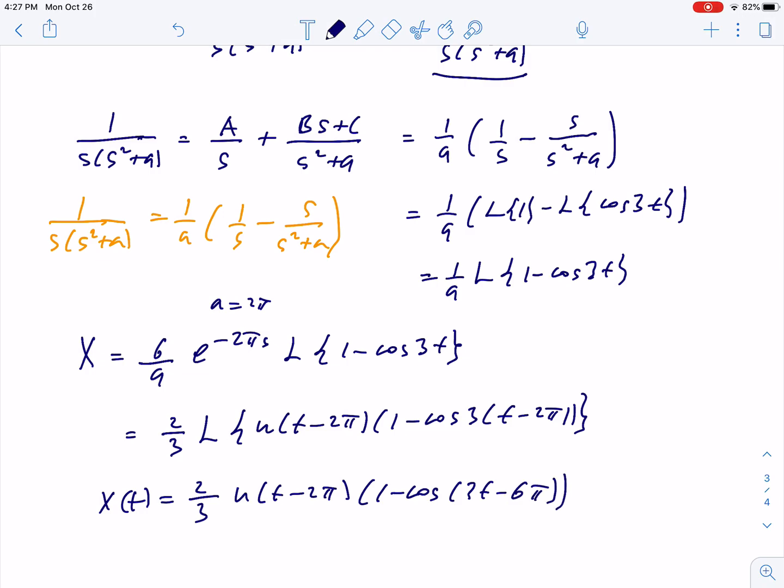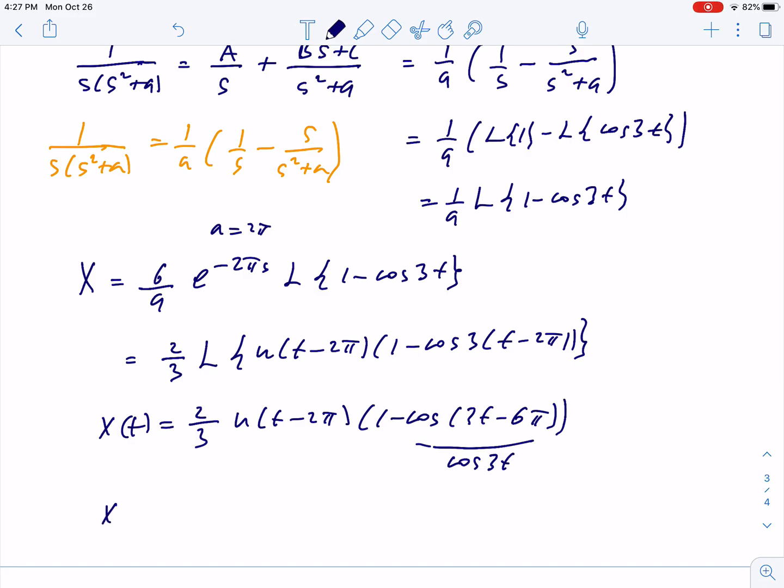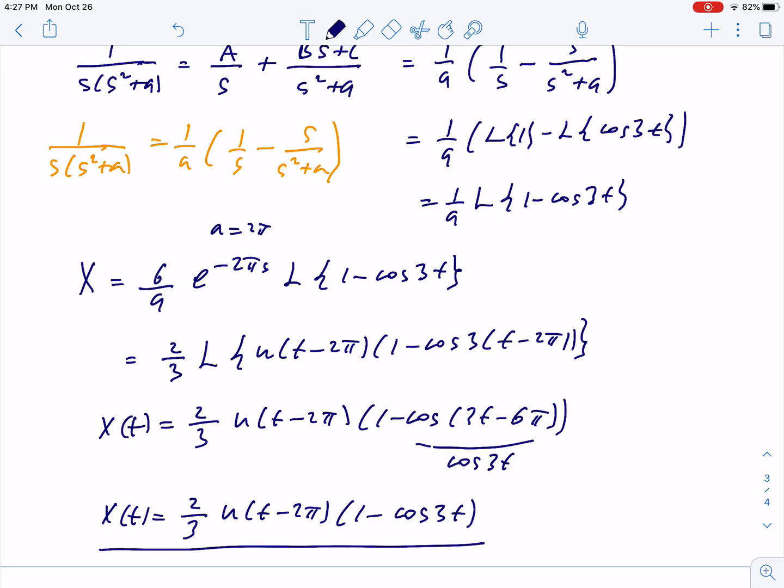And 6 pi is a period, so all this is just cosine 3t. Here finally x(t) is 2/3 u(t minus 2 pi) times 1 minus cosine 3t. This is our solution.